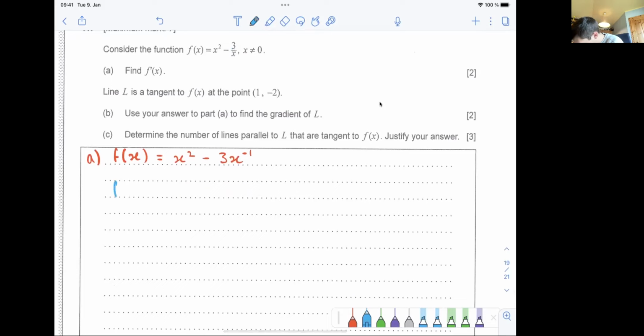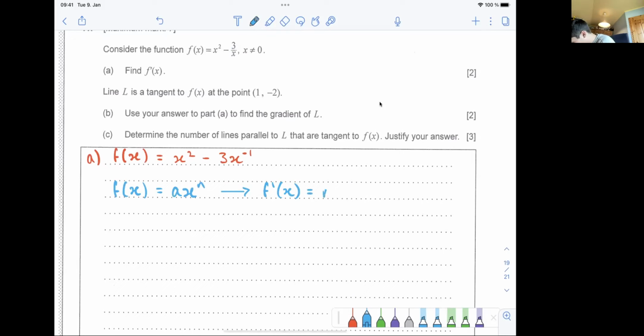If we have f(x) = ax to the power of n, then the first derivative of this function is going to be equal to: we bring the power, n, to the front and multiply that by the coefficient, which in this example is a.